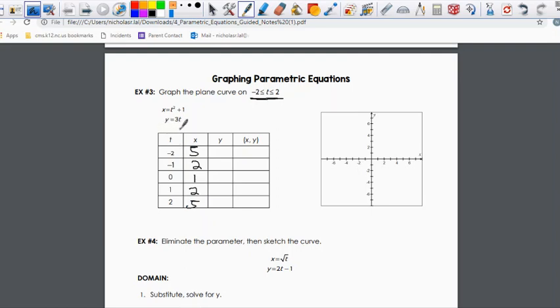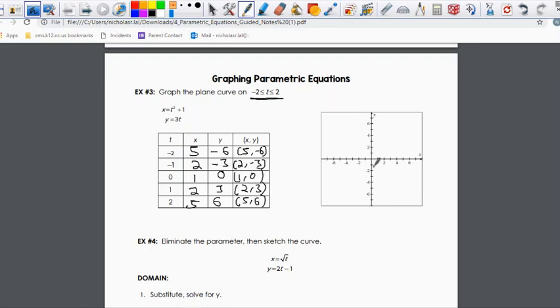y is equal to 3t, so 3 times negative 2 is negative 6, 3 times negative 1 is negative 3, 3 times 0 is 0, 3 times 1 is 3, 3 times 2 is 6. So x, y is going to be 5, negative 6; 2, negative 3; 1, 0; 2, 3; and 5, 6.